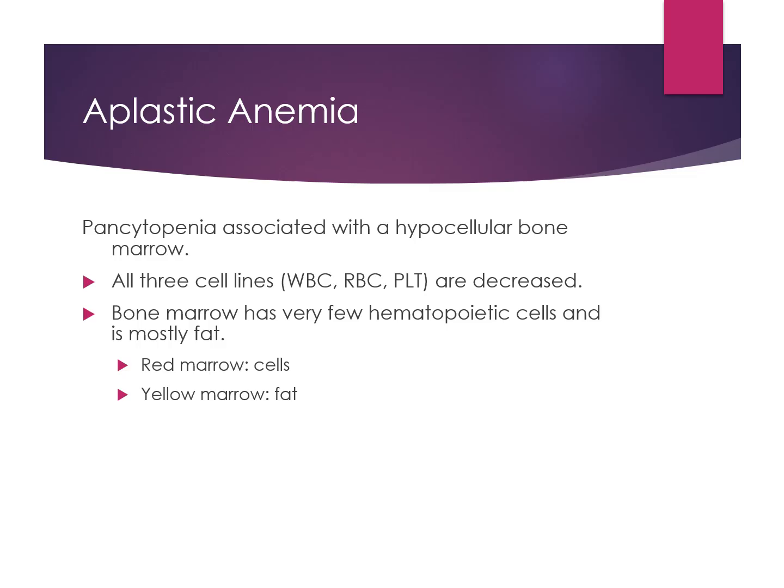And instead of that nice red hematopoietic center, we have primarily yellow marrow, which is made up of fat. So remember, red marrow equals a cellular part, and then we have that yellow marrow, which is fat. Now, it's normal to have some percentage of fat present in the bone marrow.